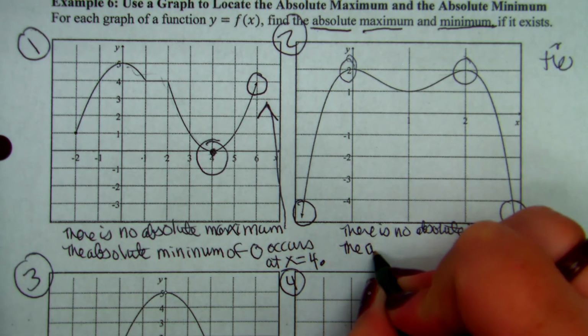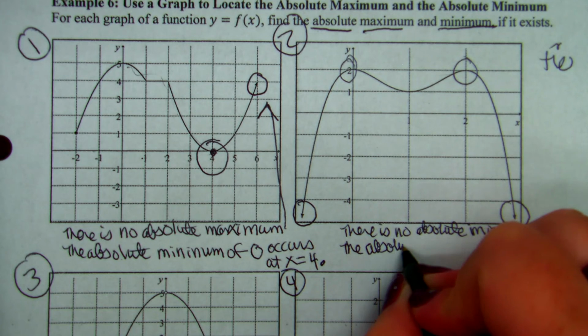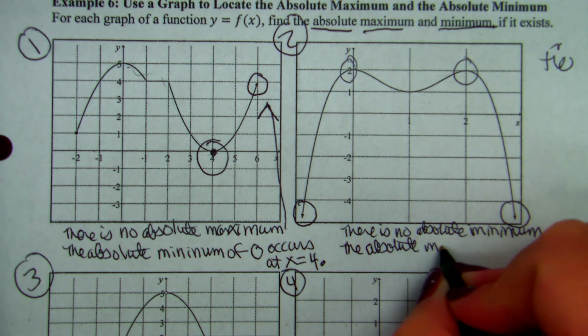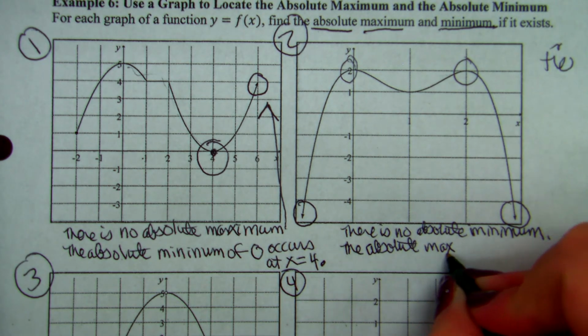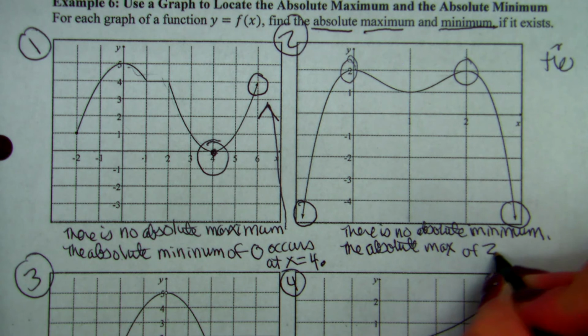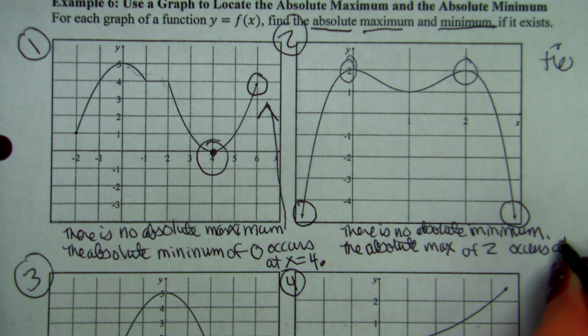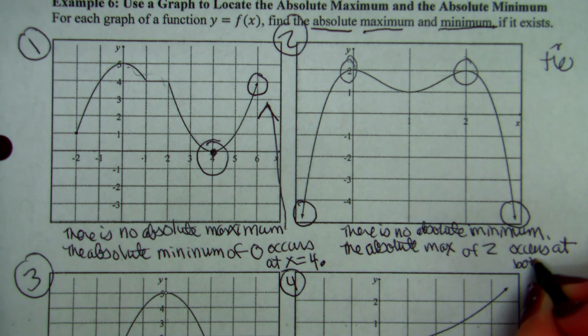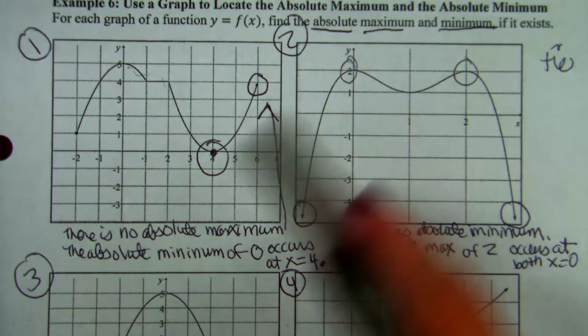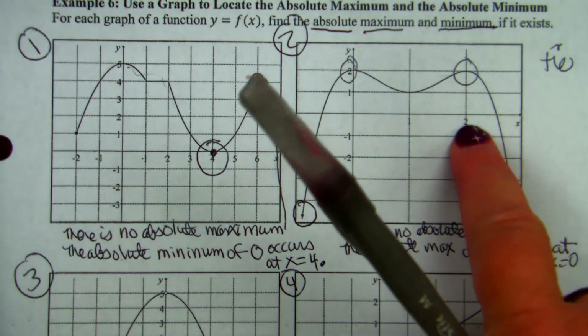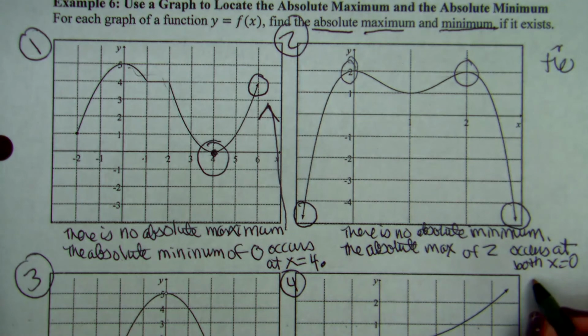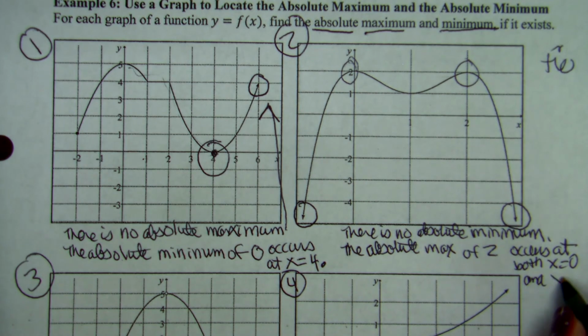The absolute max of 2, because that's the y value, occurs at both x equals 0, that's right here, and x equals 2. That's how you write it.